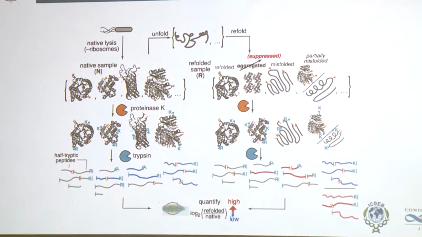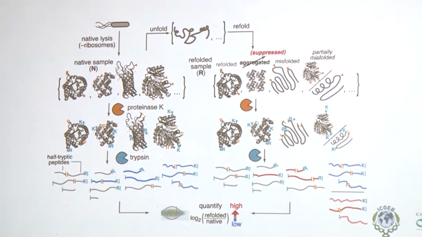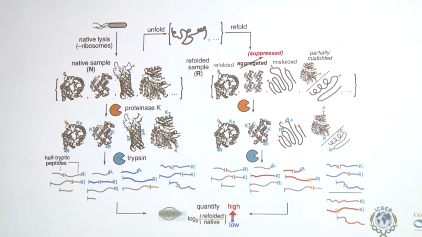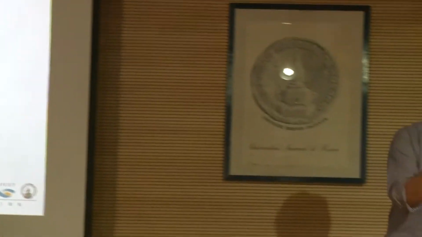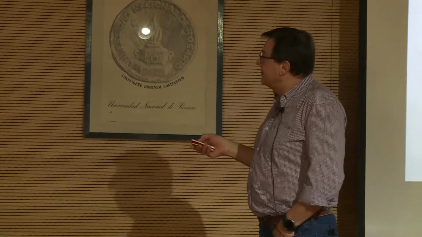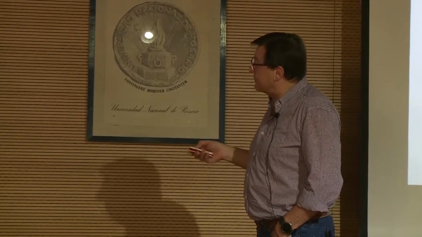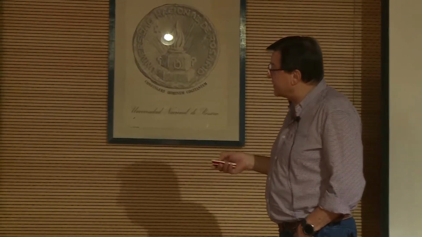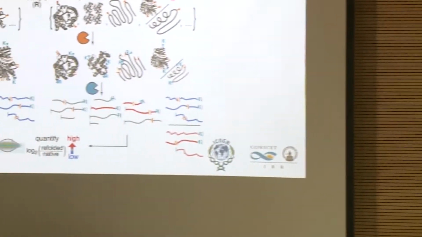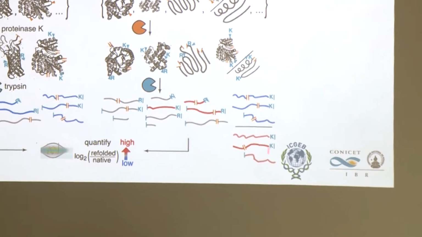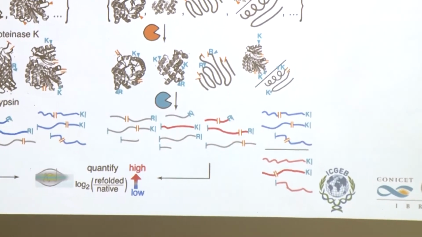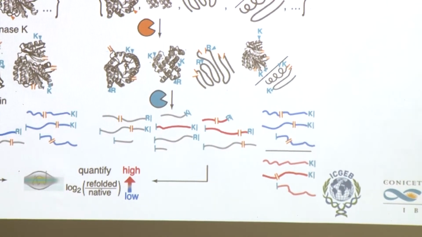Then you will have the aggregated proteins, which maybe even have fewer sites available because they are aggregated. And you will have misfolded proteins, which will have other sites, or partially misfolded or unfolded proteins that will be mainly digested by the proteinase K.